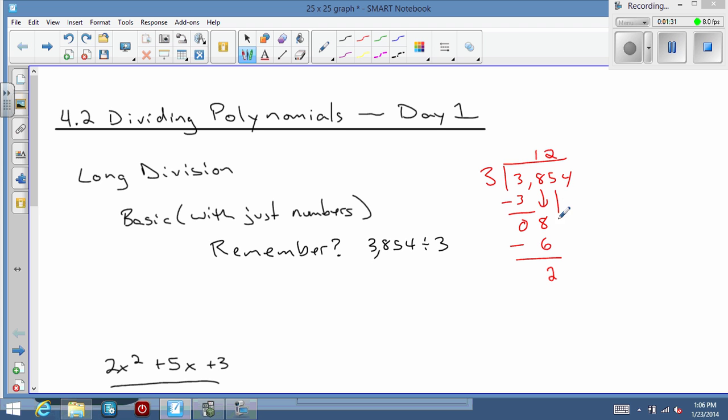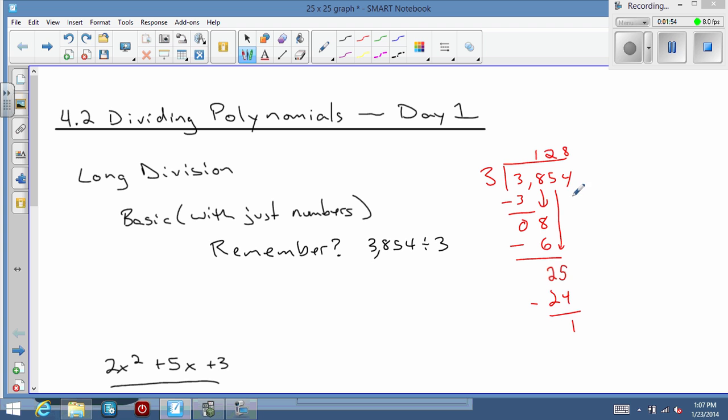You're going to bring down the next number, which is 5. And how many times does 3 go into 25? Well, that is 25 divided by 3, and that gives you 8 and a third. So you know 8, and 8 times 3 is 24, and 25 minus 24 is 1.